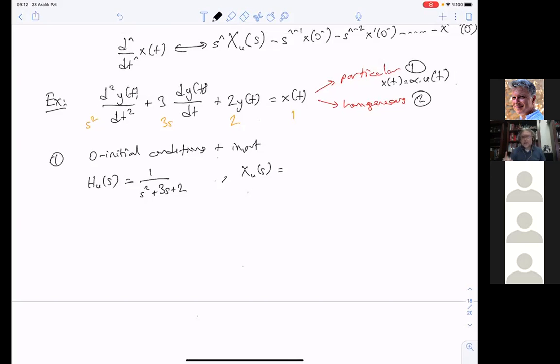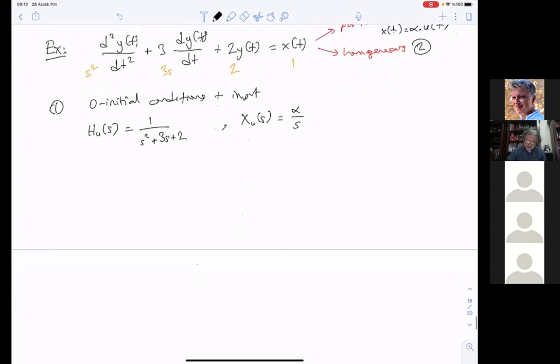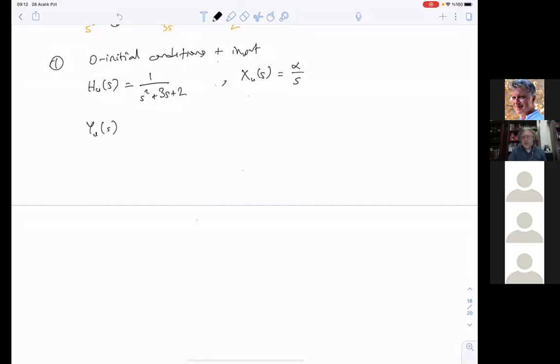So XU of S is therefore the Laplace transform of XU of T, which is alpha over S. Which makes the output YU of S equal to HU of S times XU of S, which is equal to alpha over S times S squared plus 3S plus 2, where the denominator can further be split into the multiplication of first order systems, in other words, as 1 over S times S plus 1 and S plus 2.